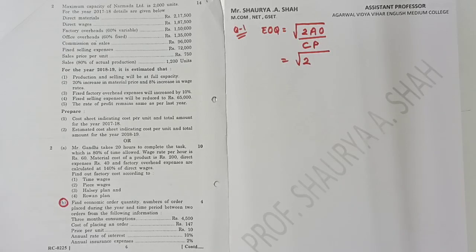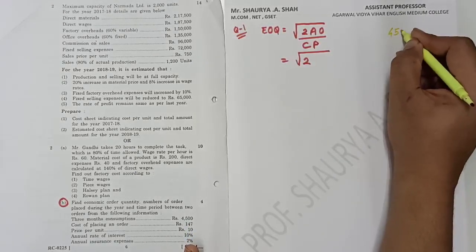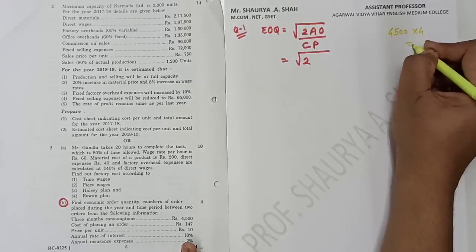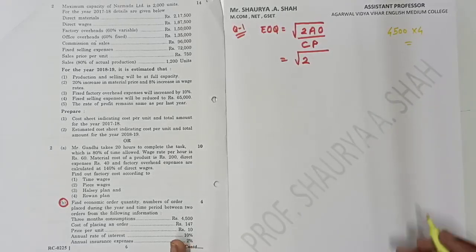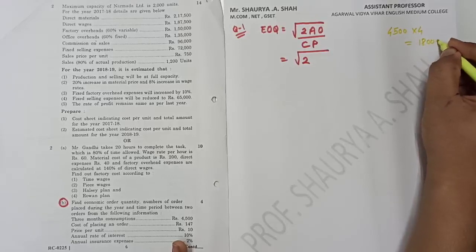So 3 months I have to convert it into annual consumption, right? So annual consumption will be my, again, 3 into 4 months. So I can say 4500 into 4. If I say, that is 4500 into 4 will give me the annual consumption of 18,000 units.